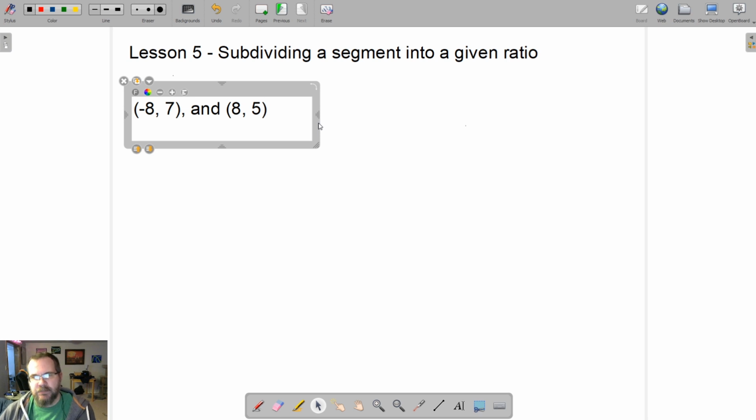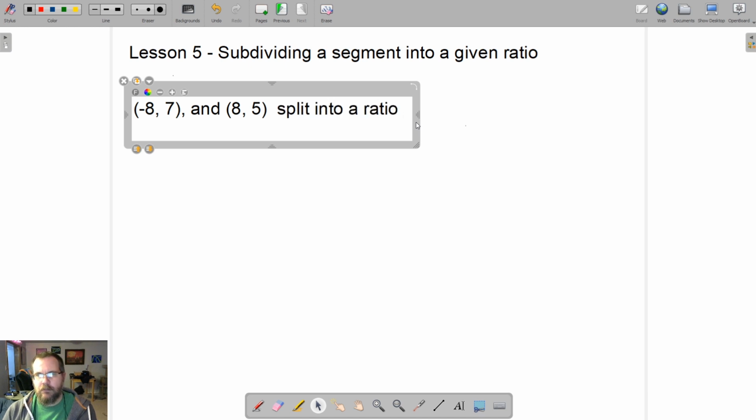What subdividing this means is we want to subdivide this into a ratio where the two distances have a certain ratio to one another. So if I wanted to split it into ratio 1 to 1, I'd be finding the midpoint. In this case, I'm going to split it into a ratio of, let's do 3 to 1.